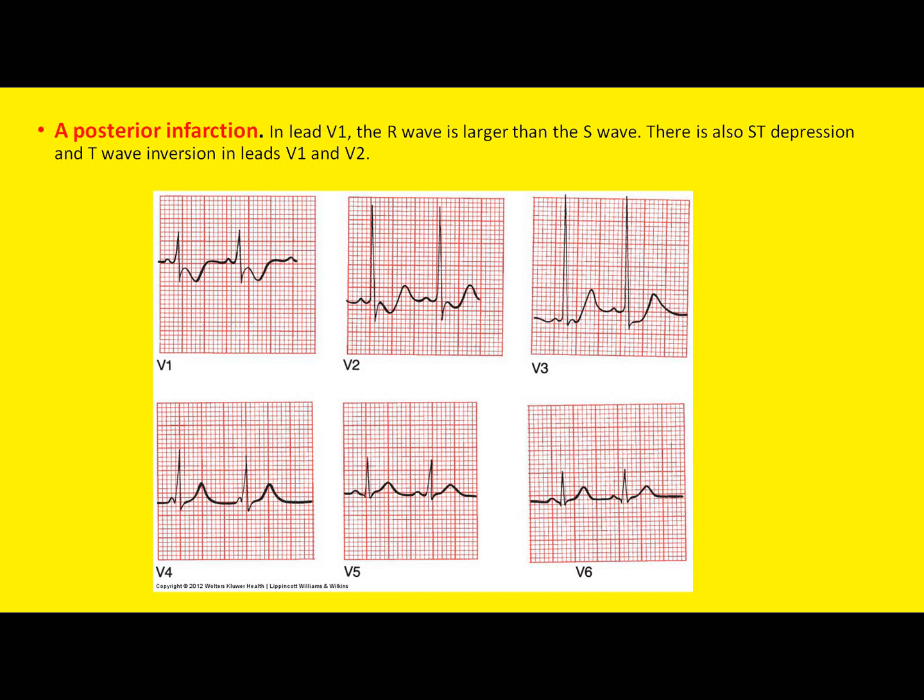It could be ischemia, but also V1, V2, V3 are anterior leads, so they are directly opposite from the back. Because of that, you see the opposite effect of ST elevation, which is ST depression. So it's almost like a reciprocal change. If you turn it around and look from the back, you would see ST elevation.